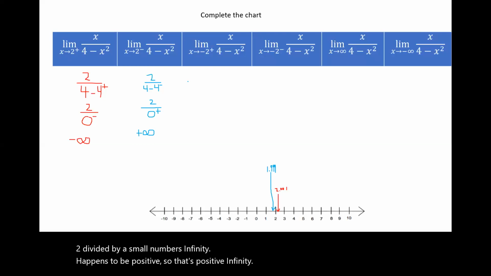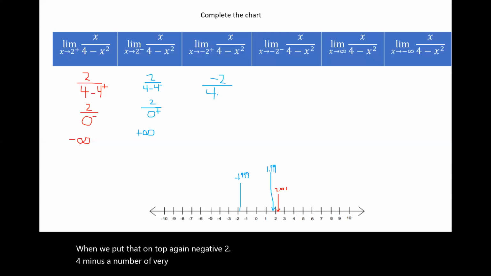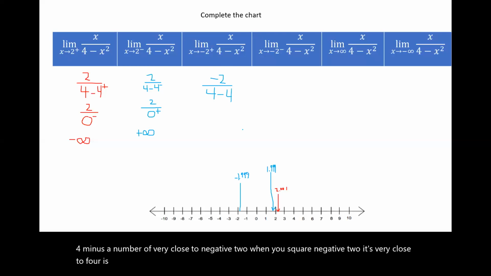Let's keep going. Approaching negative 2 from the right-hand side. That's a number like negative 1.999. When we put that on top, we get negative 2. 4 minus a number very close to 4. When you square -2, it's very close to 4. Is it bigger or smaller than 4?